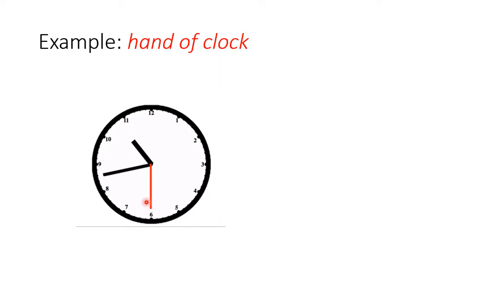So it is the best example of uniform motion. As you can see, when clicking, it covers from 7 to 8. He clicks 5 times and he covers same distance in same interval of time. Similarly, from 8 to 9, 9 to 10, 10 to 11, 11 to 12.